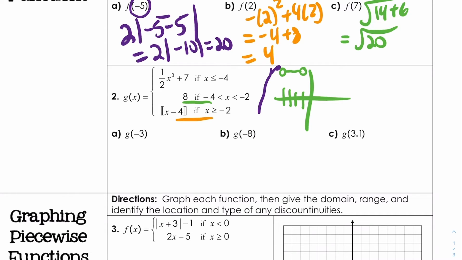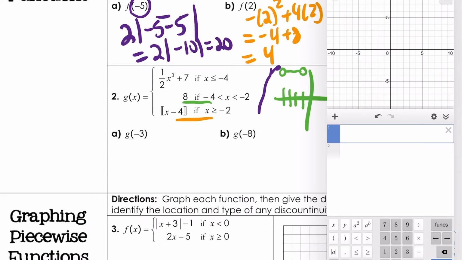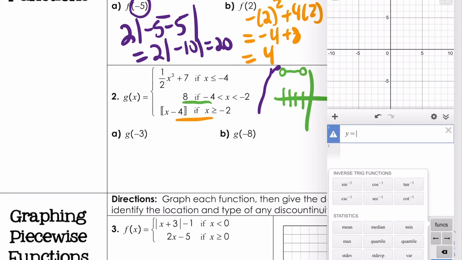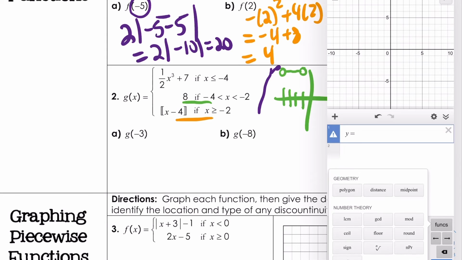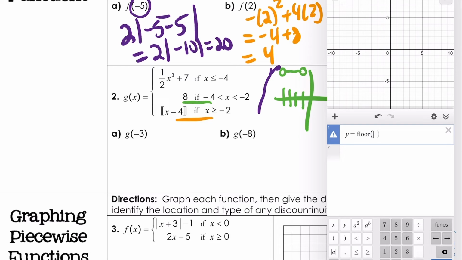For the final part of the function, this step function, let me see if Desmos has the right tool for that one. X minus 4 inside of a step function. So let's write y equals, and then I believe this floor one will do it for us.